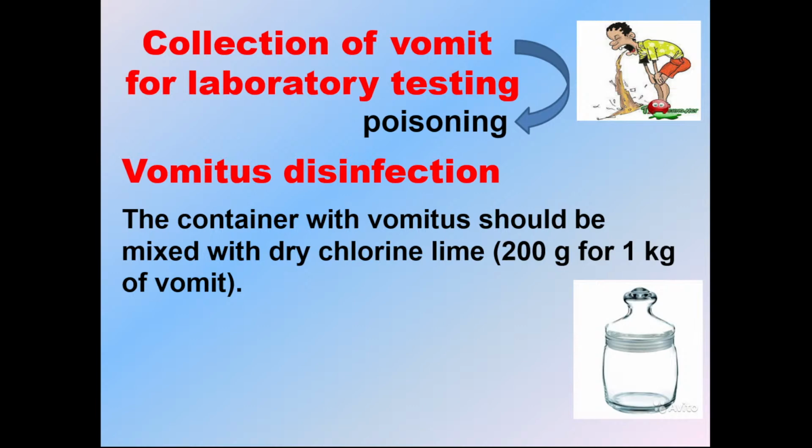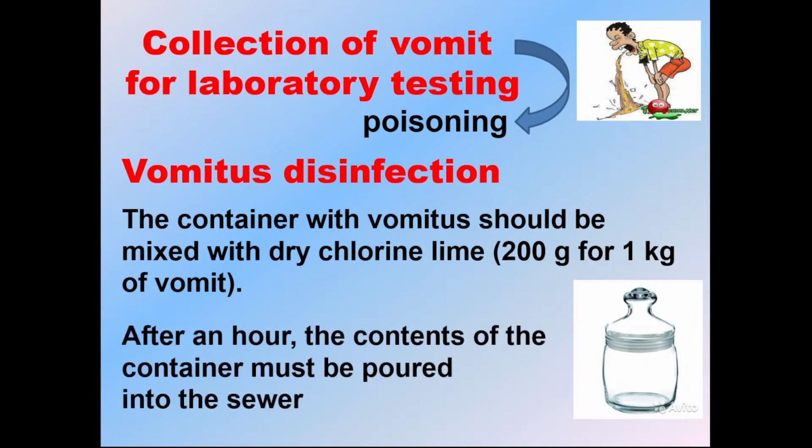We can put 200 grams of lime chloride on 1 kilogram of vomit. Hold for some time, nearly 1-2 hours, then it's cleaned with water and may be removed into the sewage. Especially, vomitus disinfection is needed if the vomitus is caused by any specific infectious process.